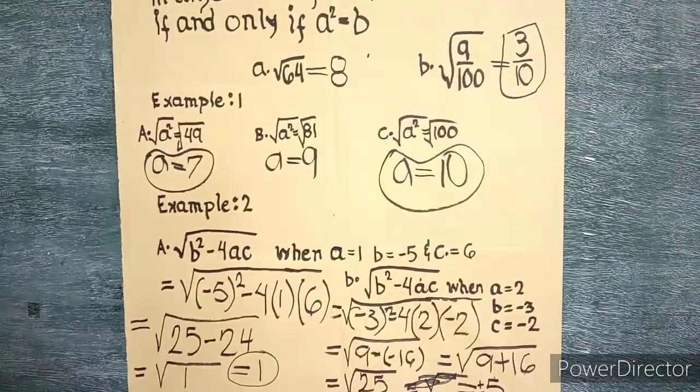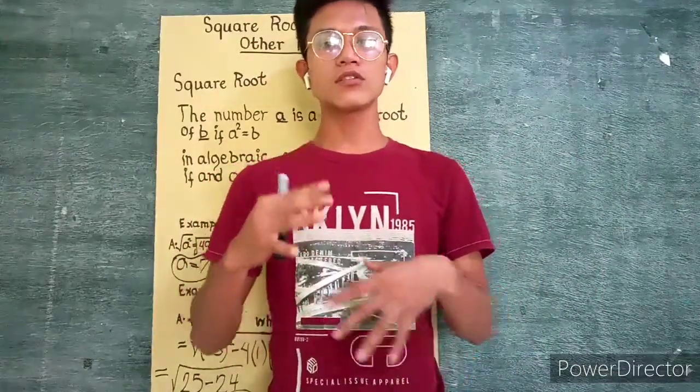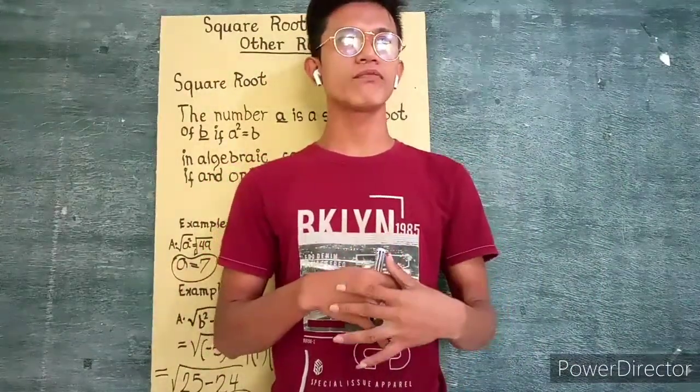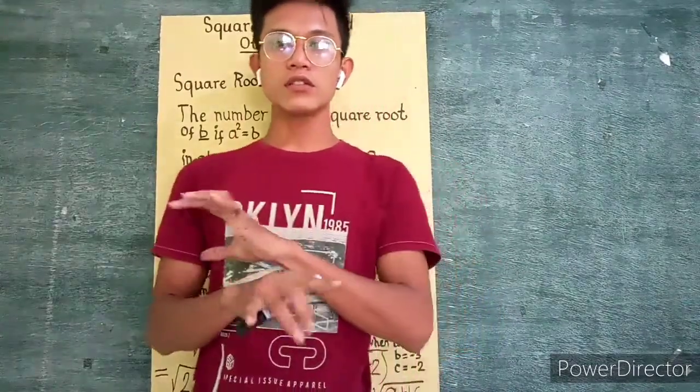Okay? Very good. Okay? So, those are the example of the square roots and other roots. So, those numbers like not perfect square number, for example 2, 3, 5, 7, 11, 10. Those are the numbers that is not perfect square number.